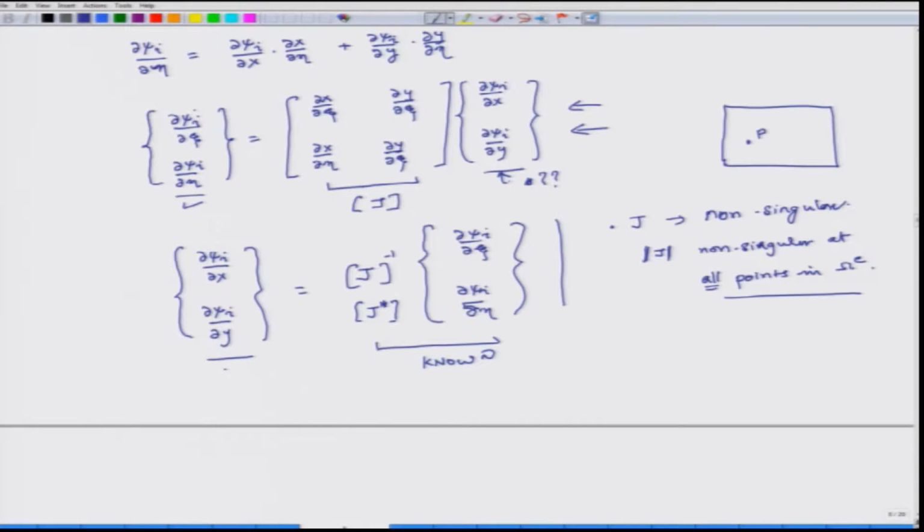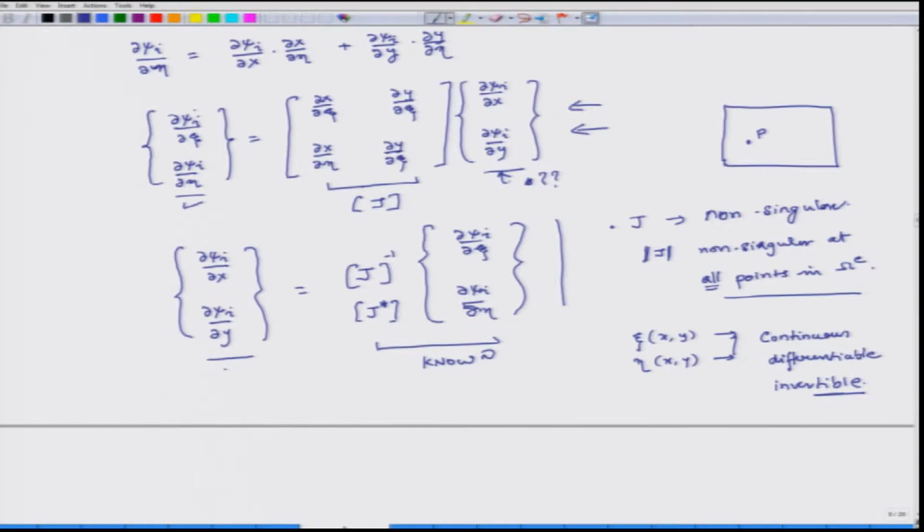And a condition for that to happen is that zeta and eta, which are functions of x and y, should be continuous, differentiable, and invertible.